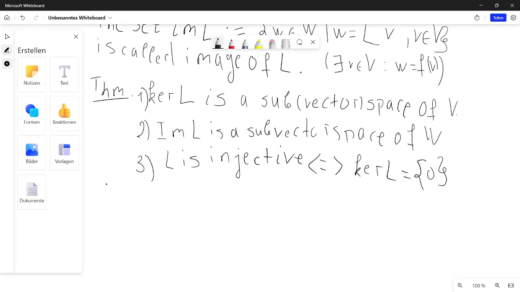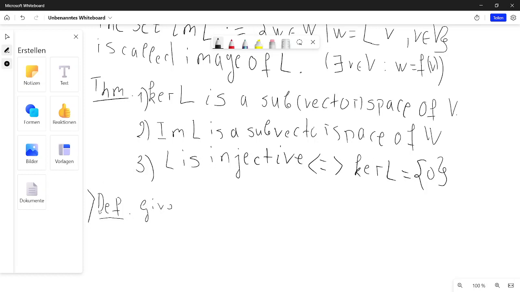First we should clarify what exactly is a subspace of a vector space. For that we need a definition. Definition, subspace.